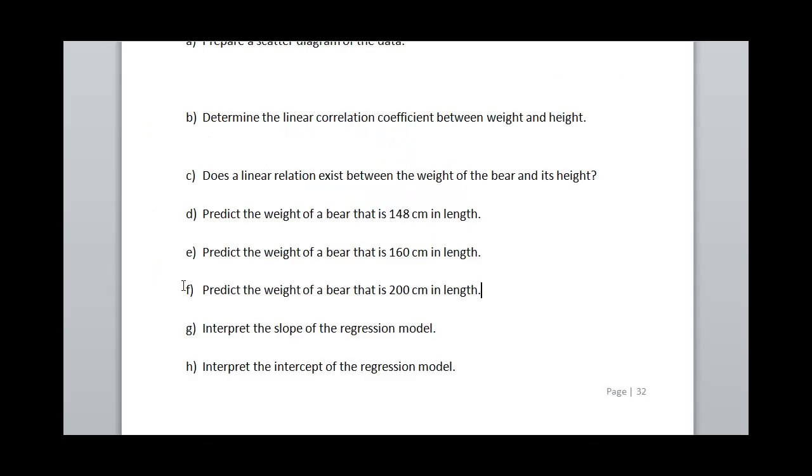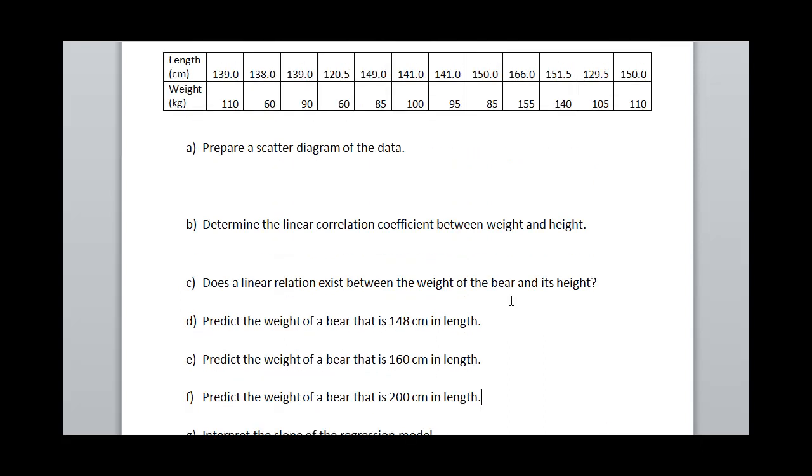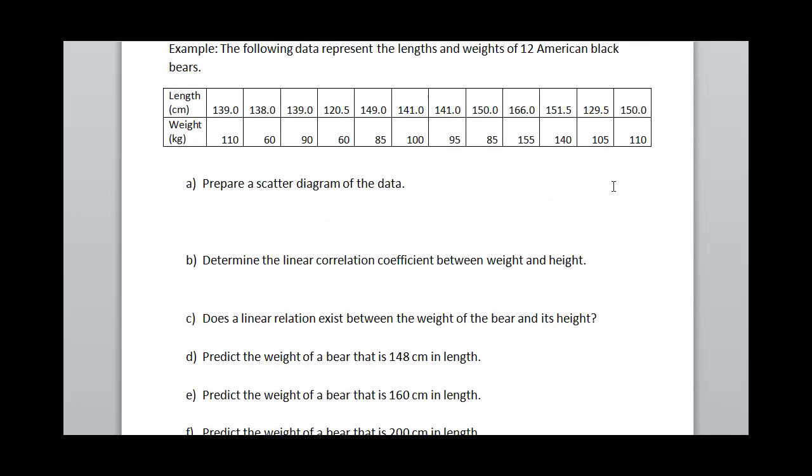Okay, so let's do one more prediction exercise. This one says to predict the weight of a bear that is 200 centimeters in length. And the first thing you should do, really, before you make a prediction, is to look at the data that we use to come up with the model.